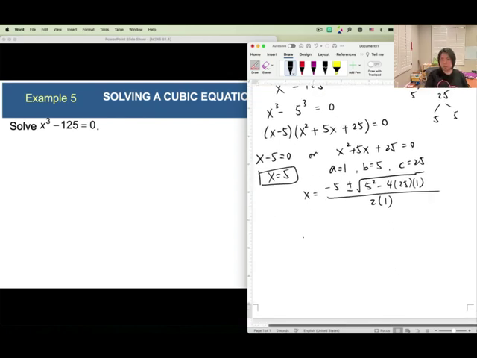And then simplify it. x equal to negative 5 plus minus, this becomes 25 minus 100, over 2. Subtract it. Negative 5 plus minus square root of negative 75 over 2.